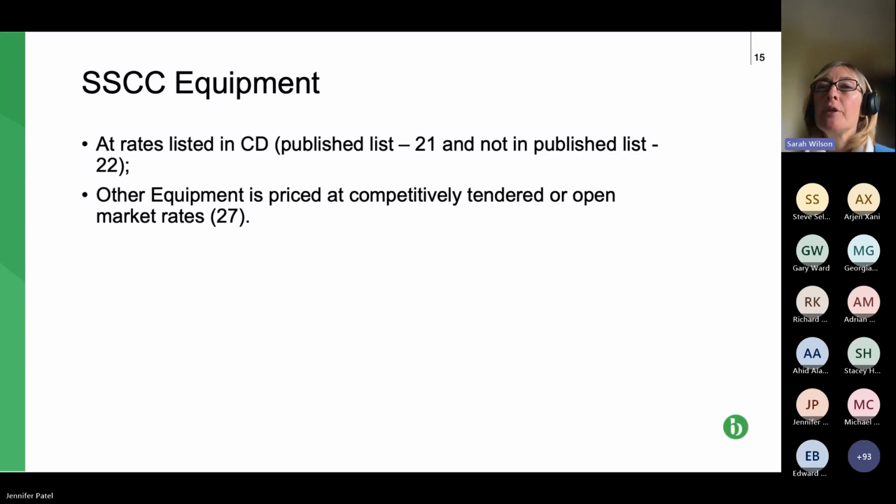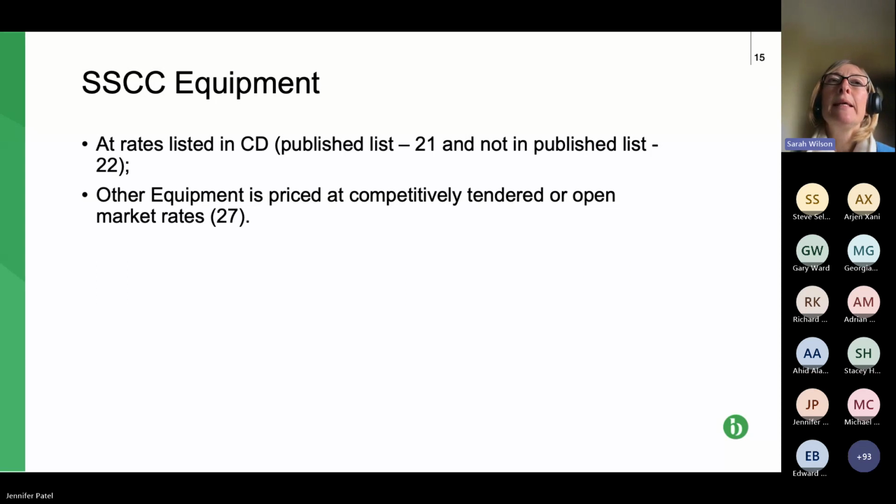There's also an option to add others. So it says something like, if not in a published list, other equipment is. So if you have particular equipment that you know that you're going to use, particularly if you're on option C to E, put that in and put the rates in.